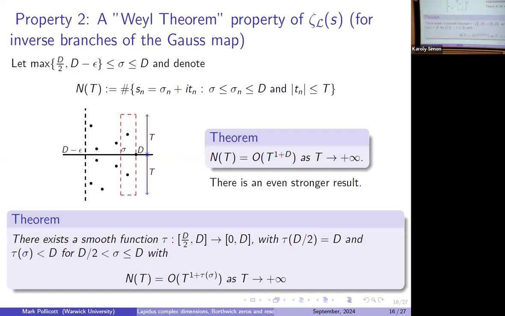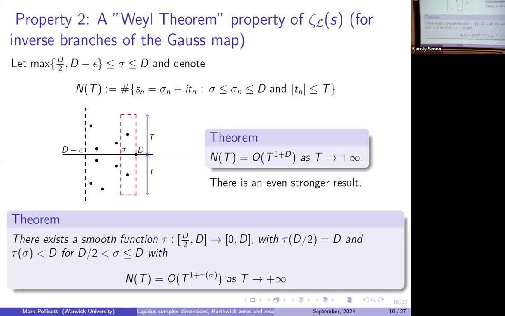Oh yeah, this is also called a Weyl-type theorem, and the reason for that is because these zeta functions also occur in other contexts. One context is that of Riemann surfaces, and in the context of compact Riemann surfaces, the poles for that zeta function actually correspond to eigenvalues for the Laplacian.